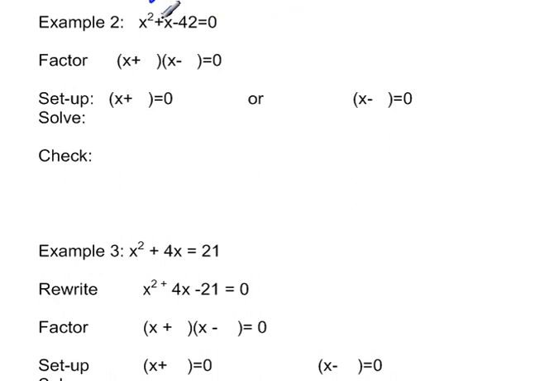This understood 1 right here. It is going to be 6 and 7. However, how do we decide which one goes? We know that 6 times 7 equals 42. If one of those was a negative, let's say the 6 was a negative, negative 6 plus 7, does that equal positive 1?